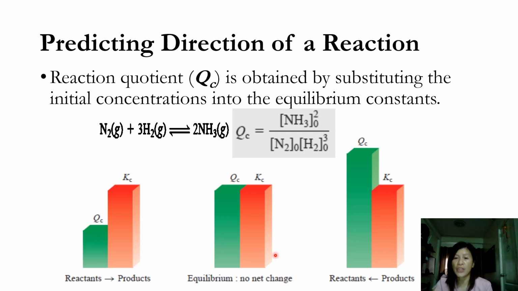It will neither favor the formation of reactants nor products. But if the reaction quotient is greater than the value of the equilibrium constant of the reaction, the reaction will favor the formation of the reactants. So we will be having a shift of equilibrium considering the values of the equilibrium constant and reaction quotient.